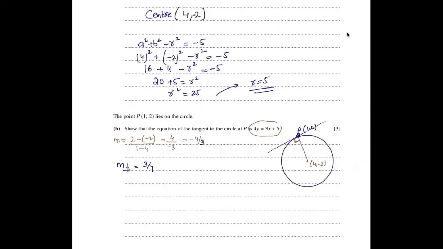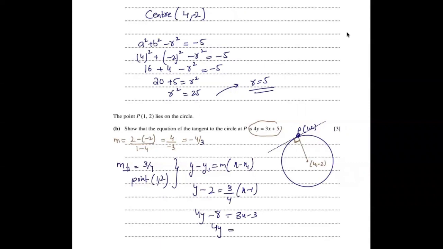And the point on the tangent line is (1, 2). So using these two pieces of information, I can calculate the equation of the line. y minus y1 equals m times x minus x1. The gradient is 3 upon 4, so y minus 2 equals 3/4 times x minus 1. 4y minus 8 equals 3x minus 3. 4y equals 3x plus 5.